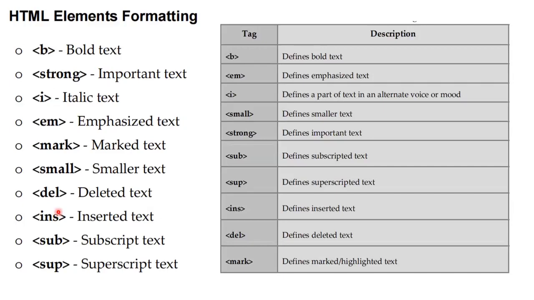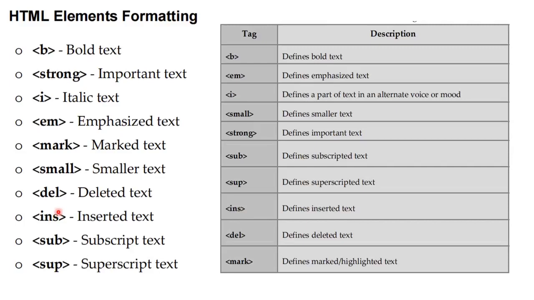The next are italics and emphasized text, and these two are also mostly confused. And then INS, that is inserted text, and deleted text. These two tags will again come as a combination, and that also confuses people mainly.